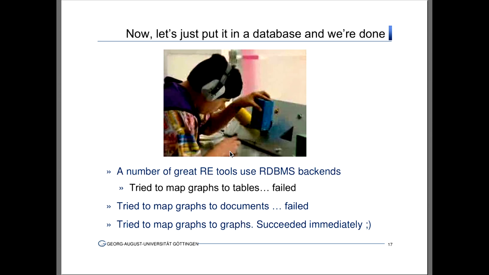And it took me even longer because there are actually a lot of great reverse engineering tools which do exactly this. So for me, it seemed like the right way to do, right? And then I started to look at different kinds of databases, and I looked at document databases, and mapping graphs to documents also kind of fails. And then I realized mapping graphs to graphs succeeds immediately.